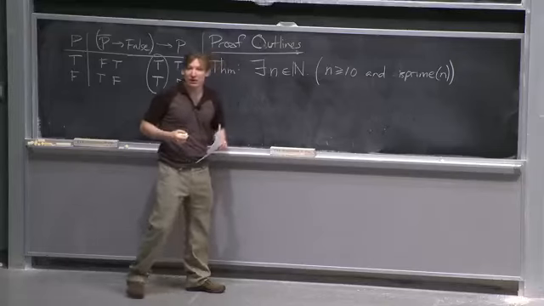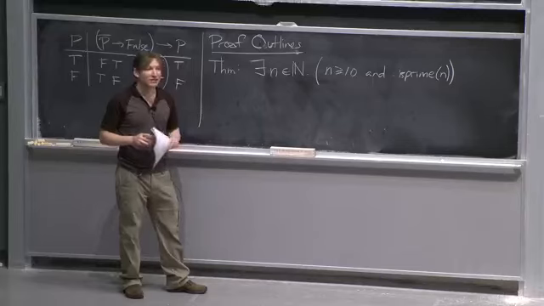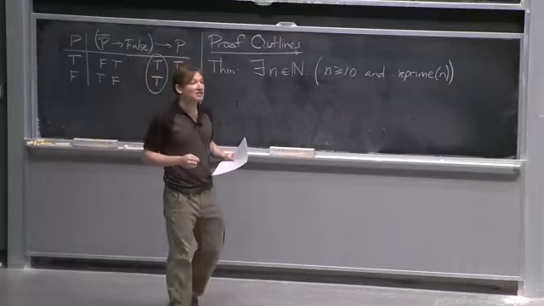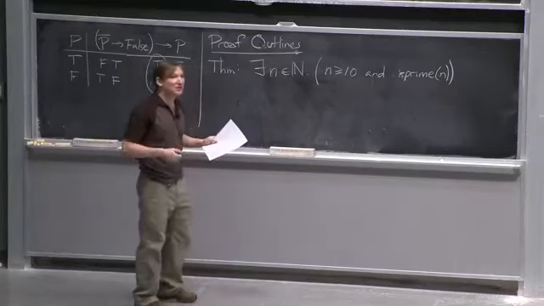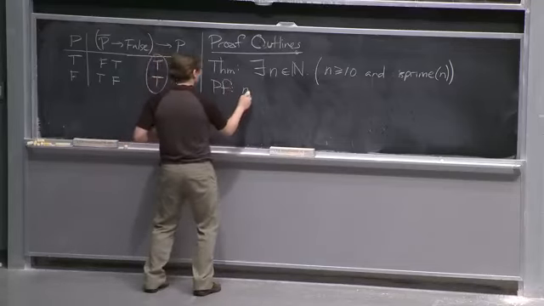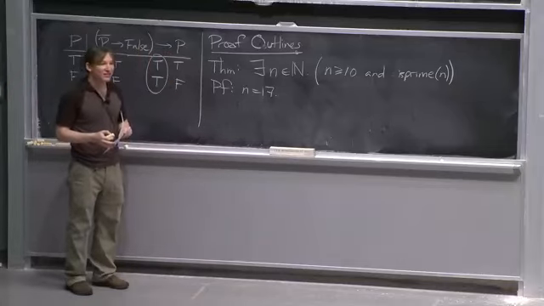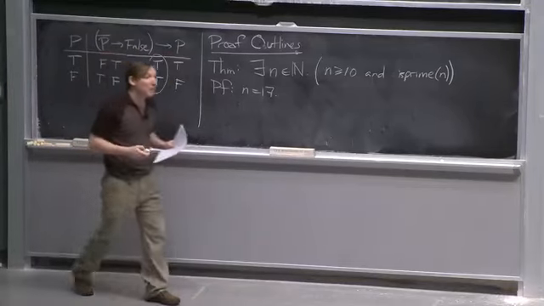Can someone prove this for me? Yes? 17. That's actually the same example in my notes. Well done. Proof. n equals 17. Is that a full proof? I mean, kind of. Yes?